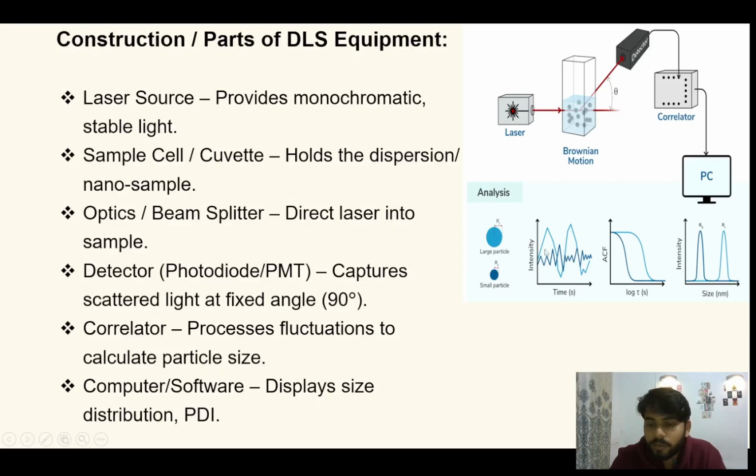And here we get intensity versus time. The light blue curve represents particles having large size, and the dark blue curve represents the particles which are smaller in size. And with the help of our correlator, we can plot various curves, as we can also see here.